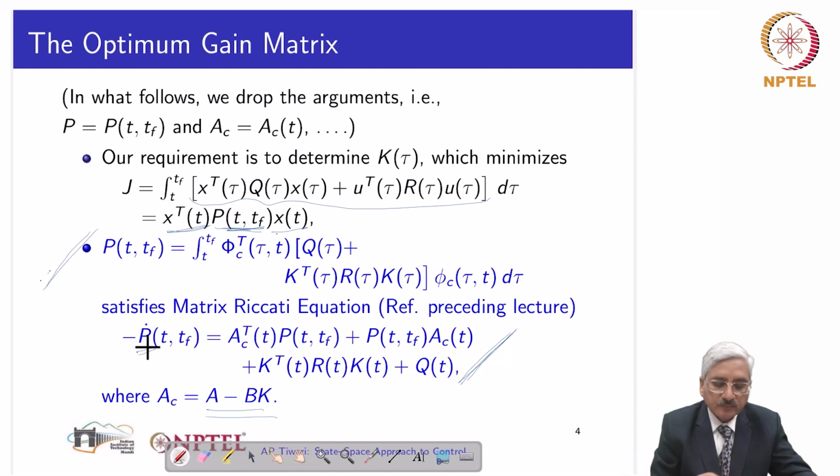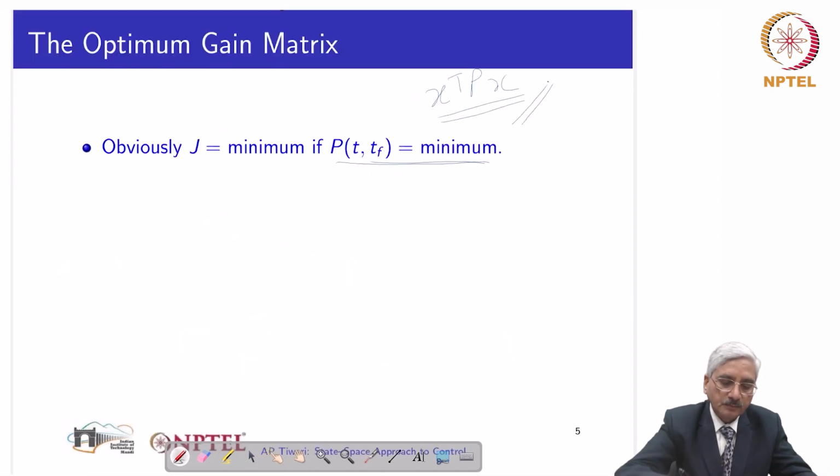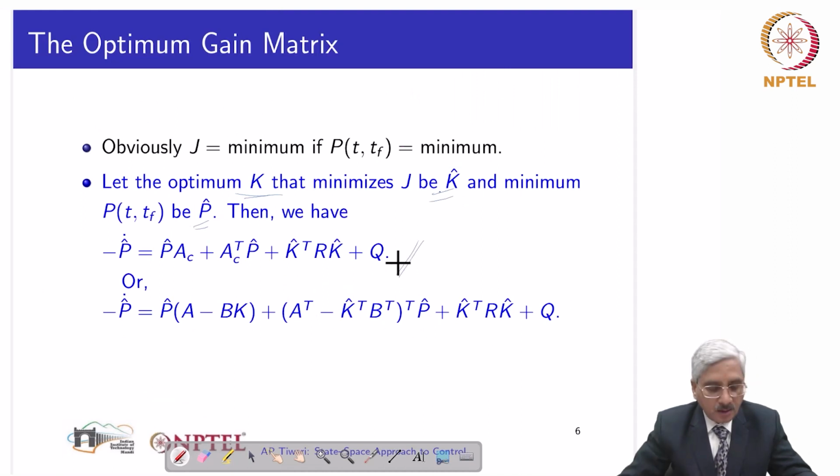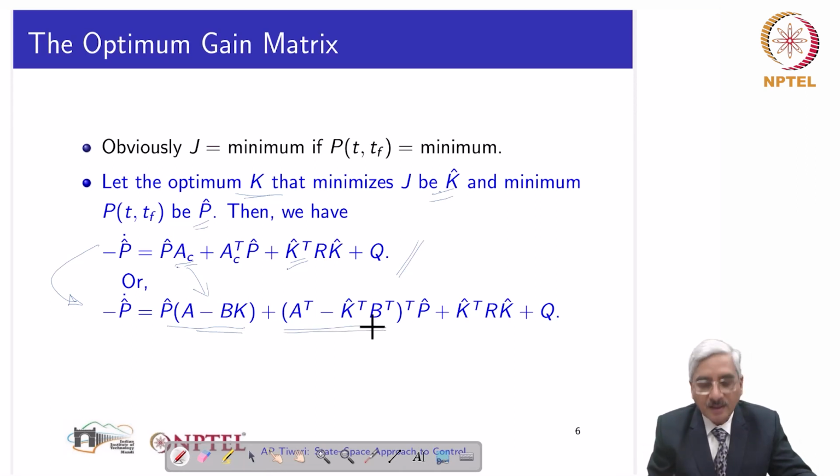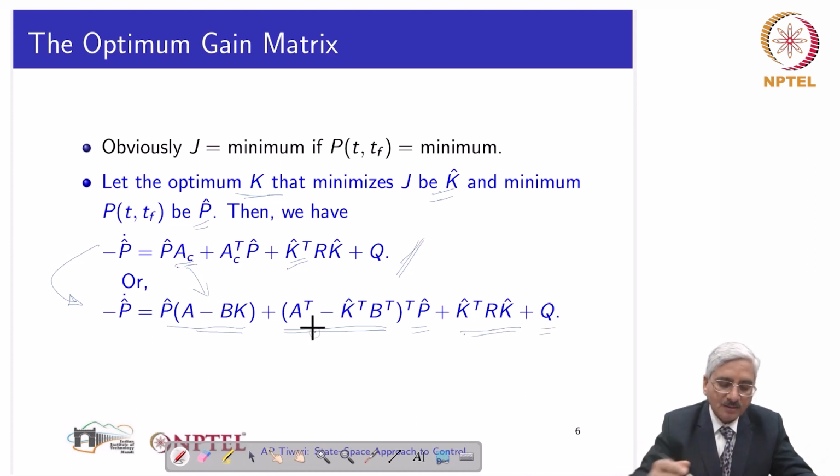So P hat dot should be equal to A_c transpose P hat plus P hat into A_c plus K hat transpose R K hat plus Q. So in place of P we have P hat, in place of K we have K hat, and A_c is A minus BK, so this expression becomes: P hat dot equal to P hat (A minus B K hat) plus (A minus B K hat) transpose into P hat plus K hat transpose R K hat plus Q. We can rewrite this as this.